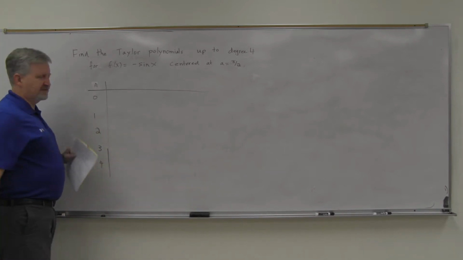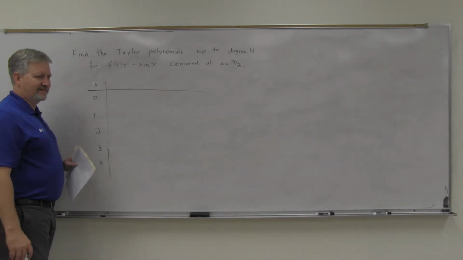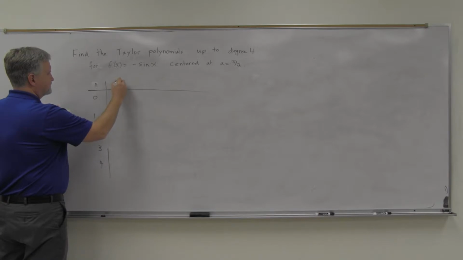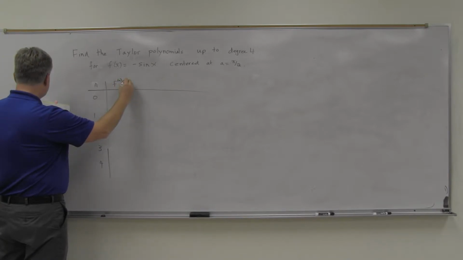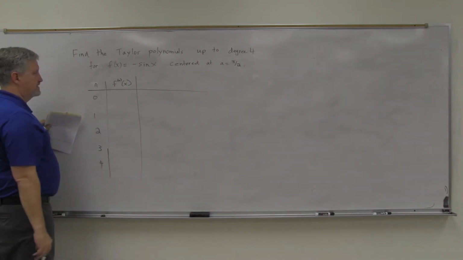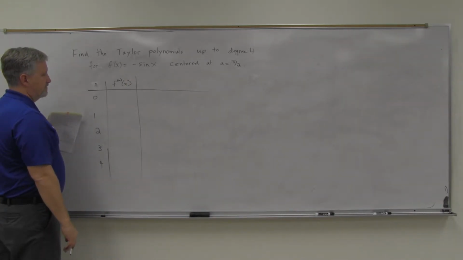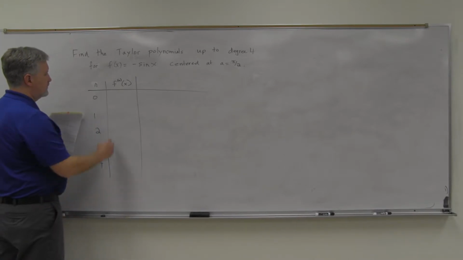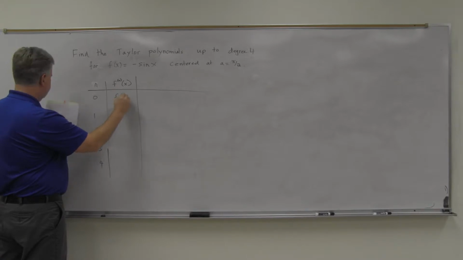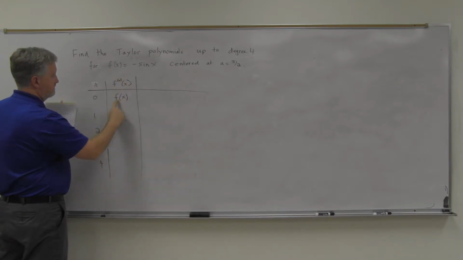And I think this is the way they organize it in the book or something like that. So you don't have to do it this way, but let's just put in this column the nth derivative because I need those for my Taylor polynomials. So that's just f of x, which is negative sine of x.